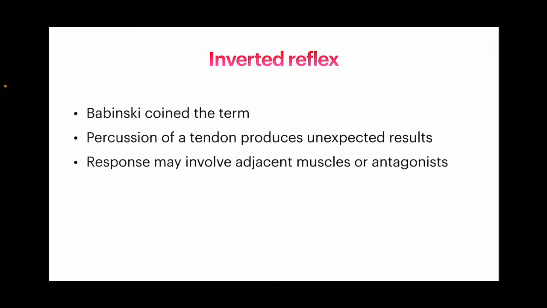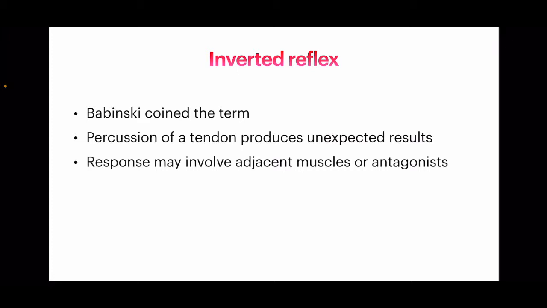Instead of that, if it causes an extension or an opposite reaction, or some other adjacent muscles get involved, like extreme supination or a finger flexion, then it is called inversion of reflex. So either the response will be completely opposite due to the activation of the antagonist muscle, or due to involvement of adjacent muscles, there can be another response rather than the one which we anticipate.